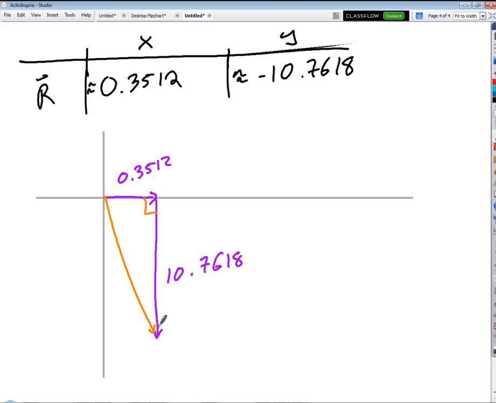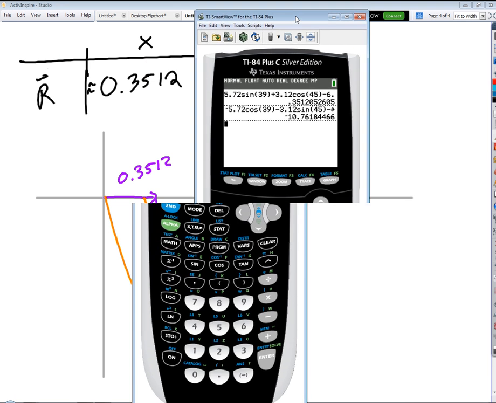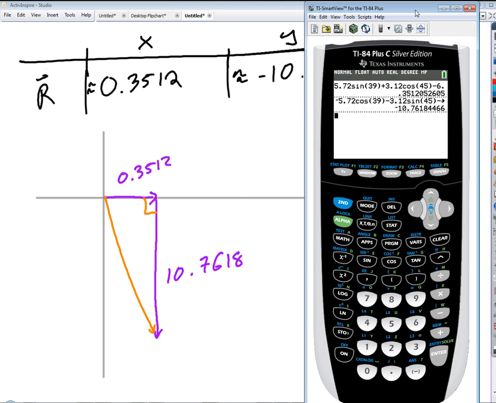Yeah, Pythagorean theorem. Good. So we're just going to do the square root of that number squared plus that big number, and I want to put it in parentheses though, don't I?